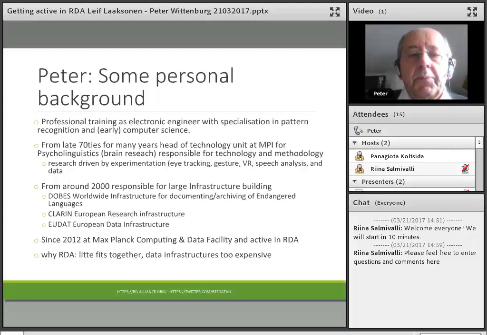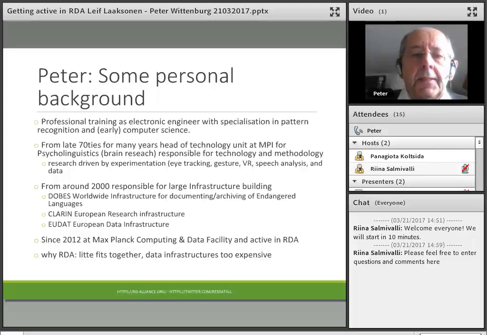From the beginning in this institute we worked based on data. So lots of different types of experiments ranging from eye tracking until now recently brain imaging and gene sequencing. So lots of data, and we were used in the institute to handle data, and therefore from about 2000 my group was responsible for building large infrastructures.